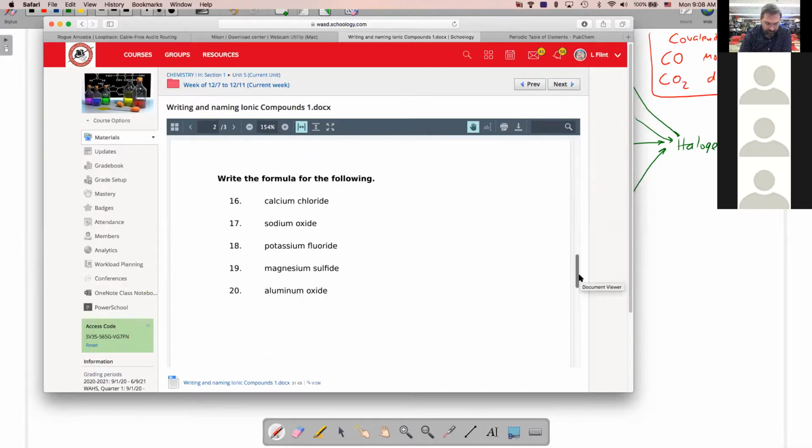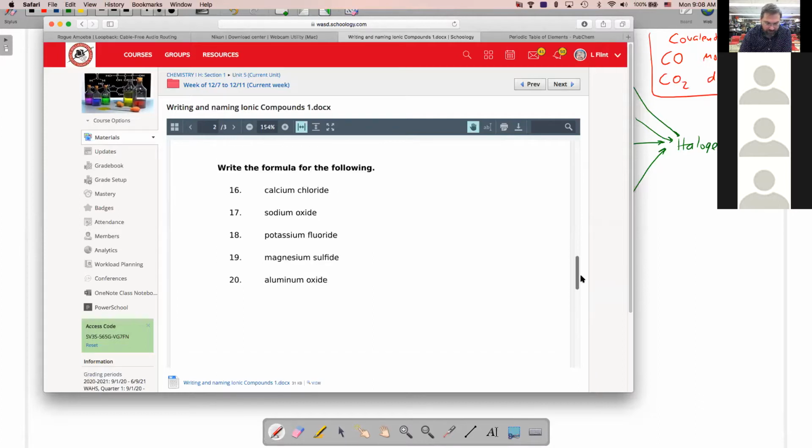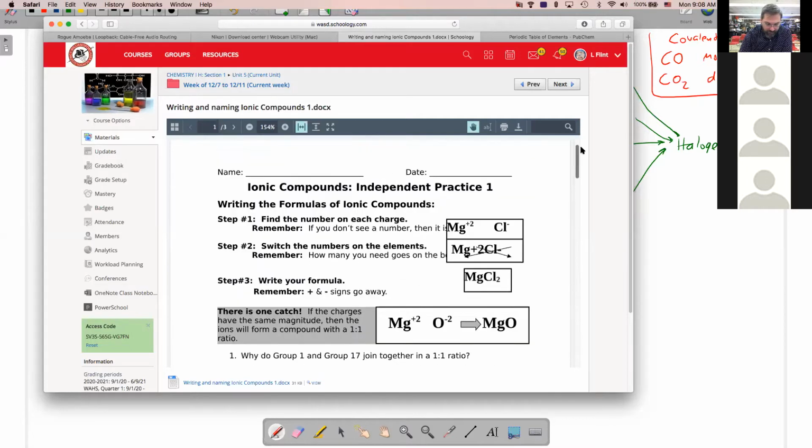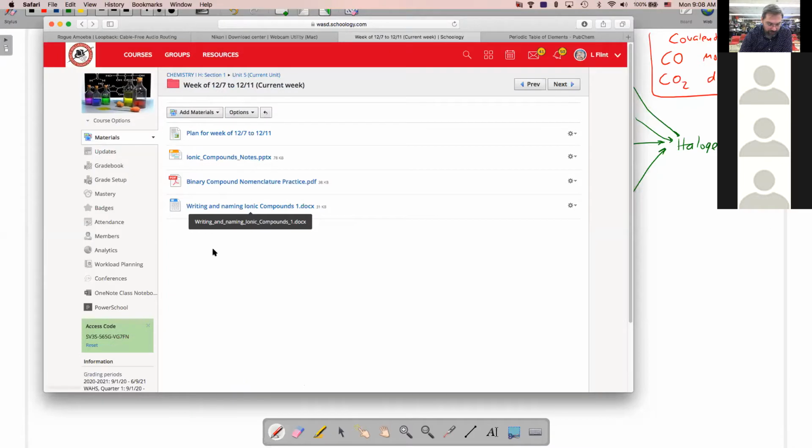Then there are some examples here where there are names of compounds where you can write the formula. So calcium chloride is like Ca2+, and chlorine is Cl1-, so it'd be CaCl2. And all these names of compounds all end with "ide" because they all happen to be ionic compounds. So that's the method for writing and naming formulas for ionic compounds.